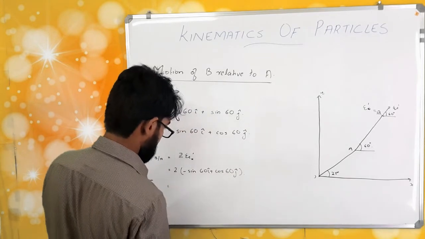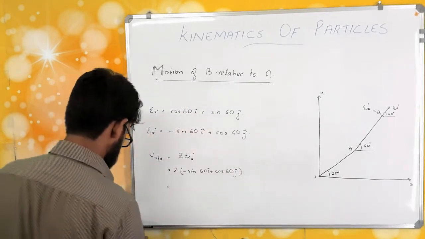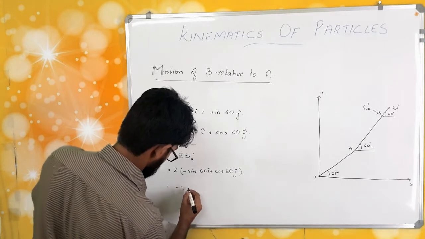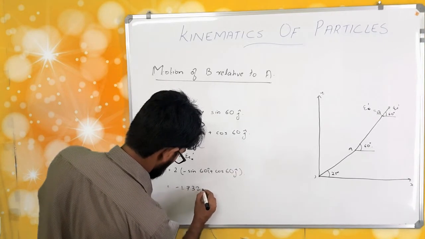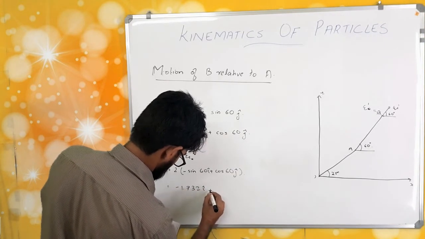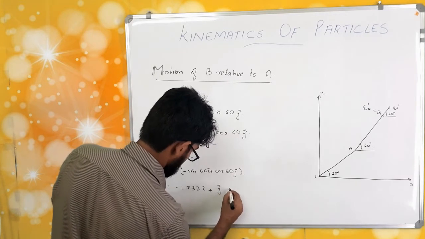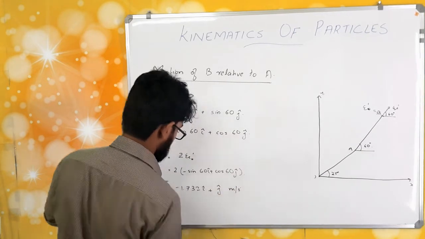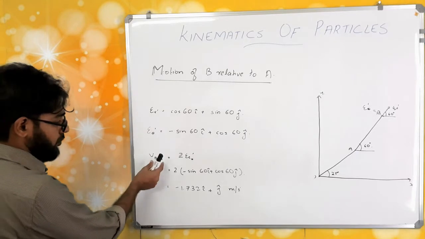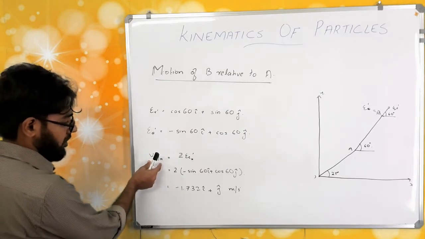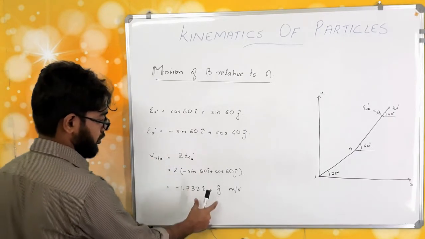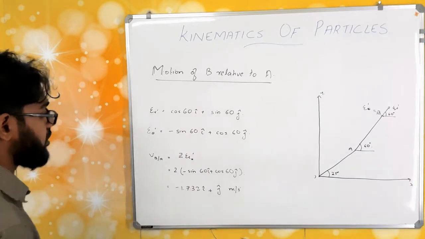If you substitute this value, you will get the answer of minus 1.732 i cap plus j cap meter per second. So we have converted the corresponding value of velocity from the polar coordinates into the Cartesian coordinate system.